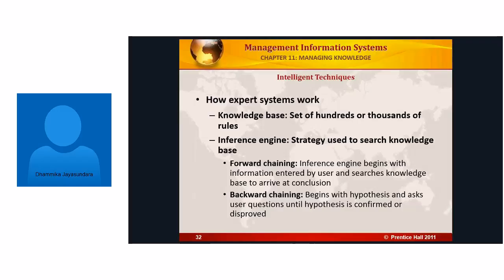It has a knowledge base, a set of hundreds or thousands of rules, and an inference engine, a strategy used to search the knowledge base. So you can use forward chaining, where the inference engine begins with information entered by the user and searches the knowledge base to arrive at a conclusion. Backward chaining begins with a hypothesis and asks the user questions until the hypothesis is confirmed or disproved.